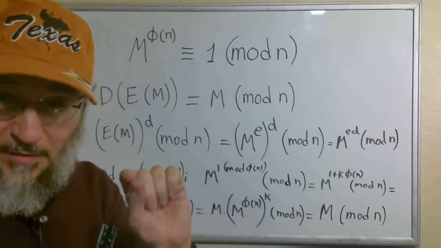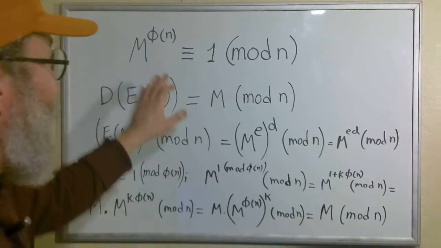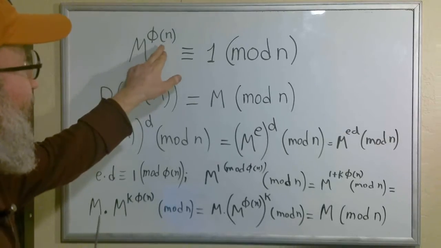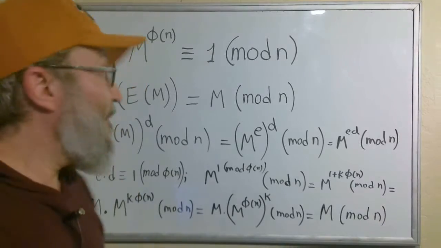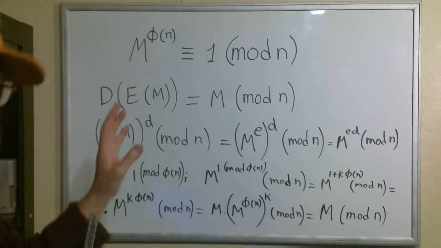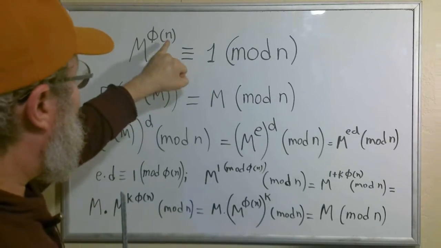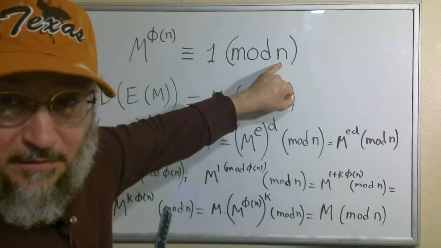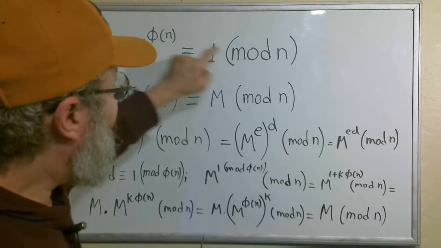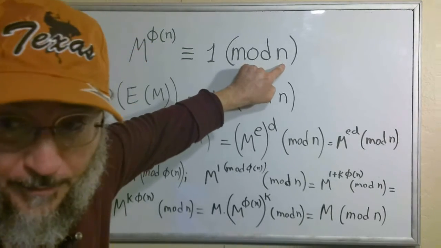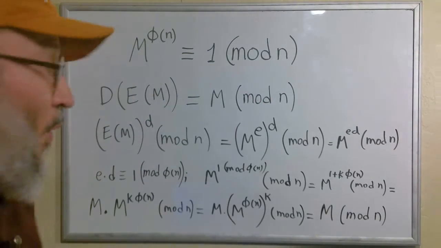But it's not all the elements, it's basically the elements that are relatively prime to n. So that's what phi of n is. Now if we raise m to the power of phi of n, we get 1, which is very nice, right? 1 mod n. Now, in order for this to be true, first of all, focus on these terms. This is phi of n, this is n, right? So they have to be matching, right? So this phi of n is on this n here. Also, m has to be relatively prime to n for this theorem to hold, right?